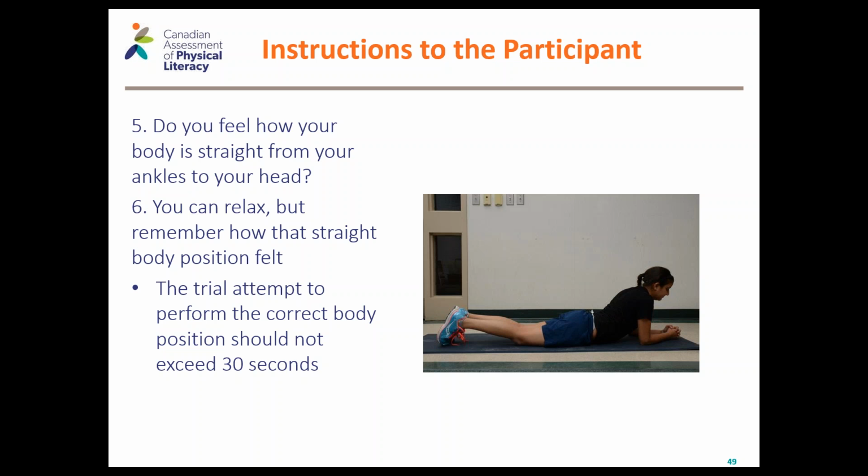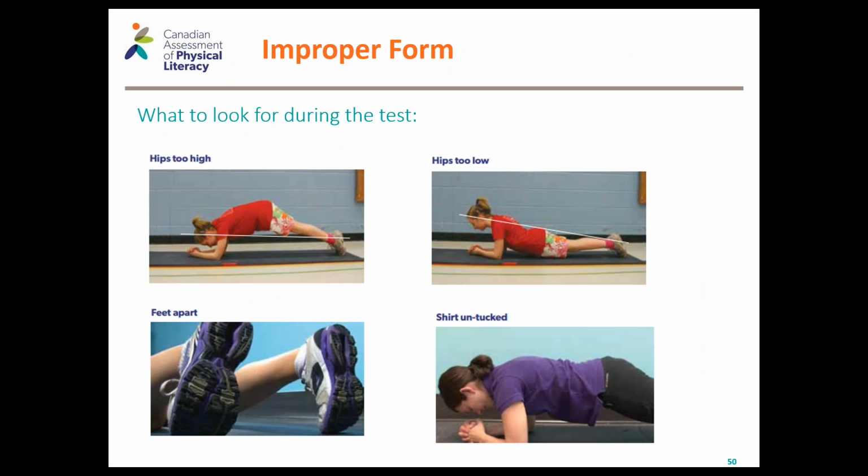If they drop their body a little bit and come out of that straight line, we'll give them one warning, and if they come back into the correct position, we keep going with the timing, but if they come out a second time, we stop the timer. The other way the test would end is if they stopped completing the protocol because they were too tired to continue.